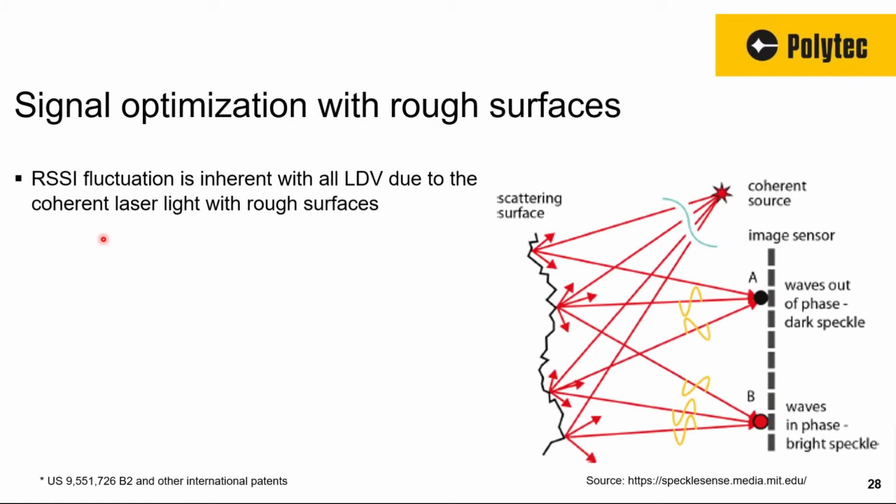If you have a light source shining on a rough surface, the optical path length is always different from the source to the detector, and the so-called speckle effect occurs due to constructive and destructive interferences. So we get more or less light on the detector depending on the position of the surface.